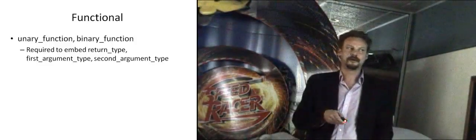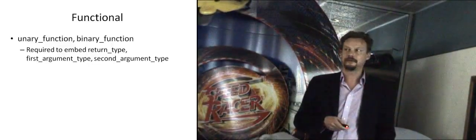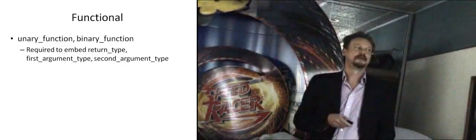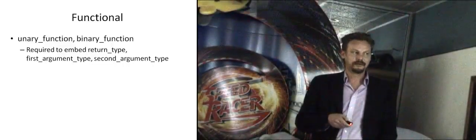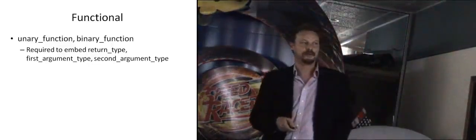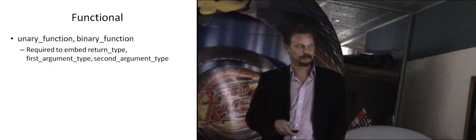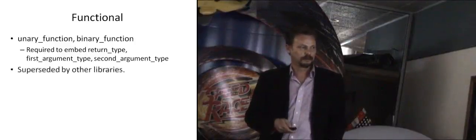In this case, the unary function has a nested type called return type, and a nested type called argument type. For binary functions, it's got a nested return type, a first argument type, and a second argument type.